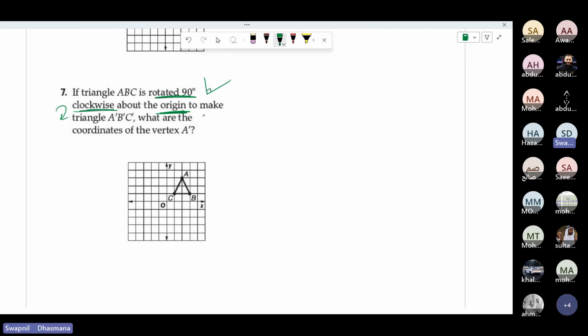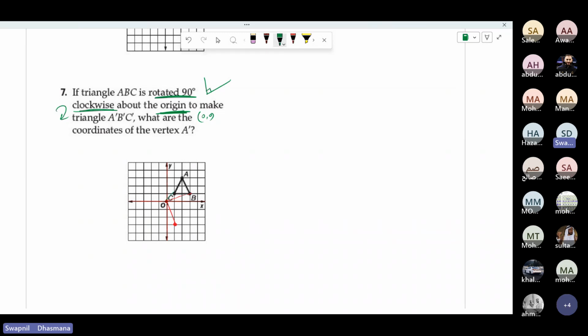90 degrees, for example. Origin means (0, 0). So we are looking at this, x and y origin, and this will go. They have not drawn it. You can see now maybe x and y better. So they are rotating this. Same way here.